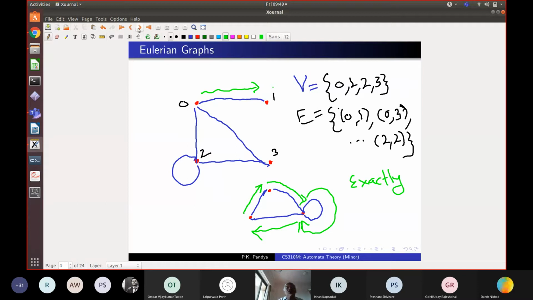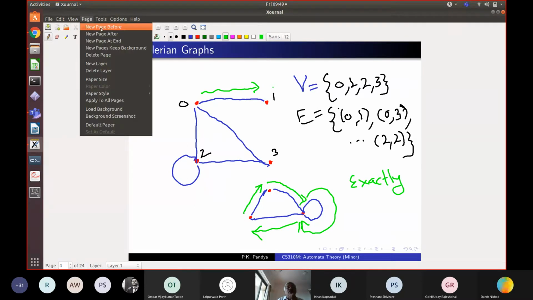So what Euler gave was what is called a condition. So let me add a page.